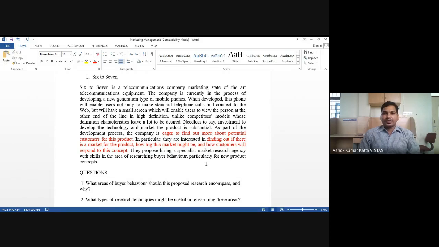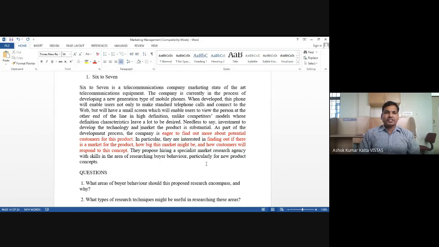When developed, the phone will enable users not only to make standard telephone calls and connect to the web, but will have a small screen which will enable the user to view the person at the other end of the line in high definition, unlike a competitor's model whose definition characteristics leave a lot to be desired.